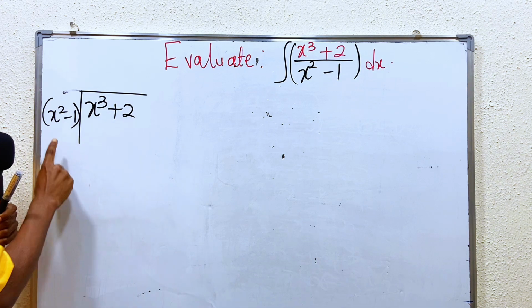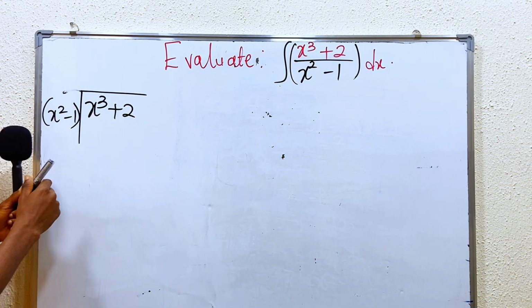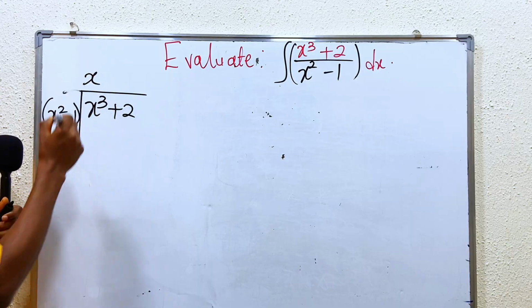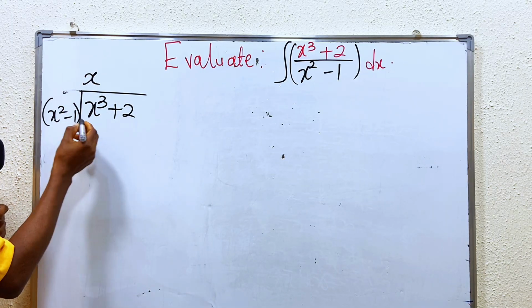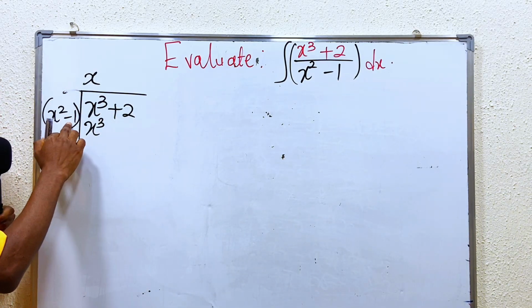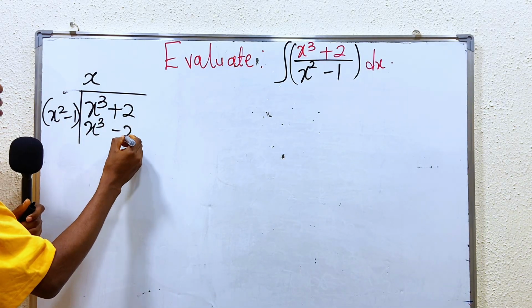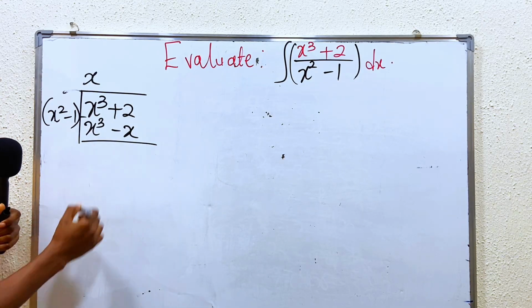So we use x squared to divide x to the power 3, and that will give us x. Good. Now x times x squared will give you x cubed. Then x times 1 will give you minus x. The next thing we do is to subtract the two terms.